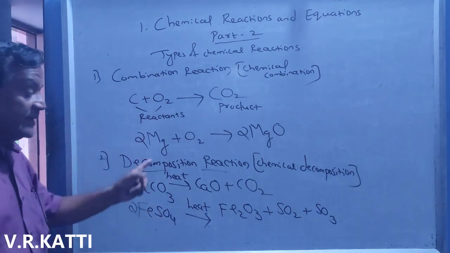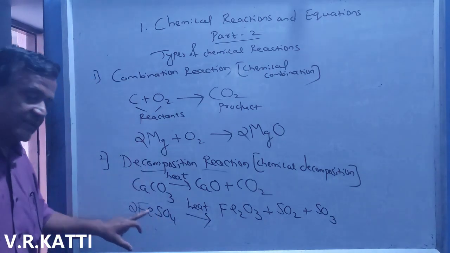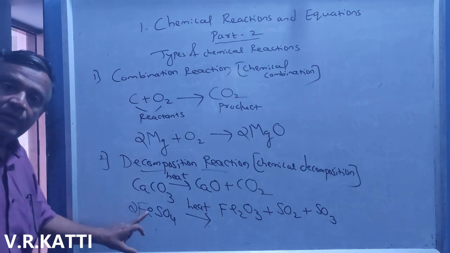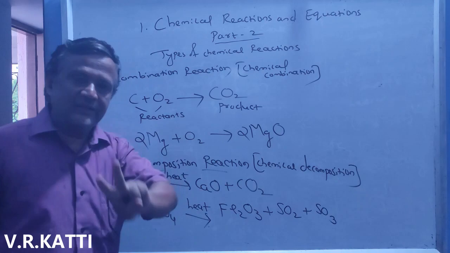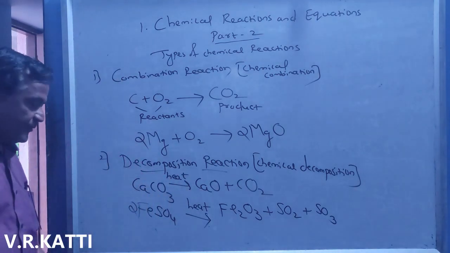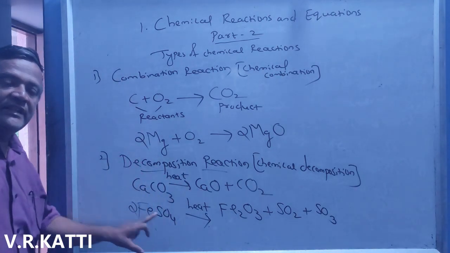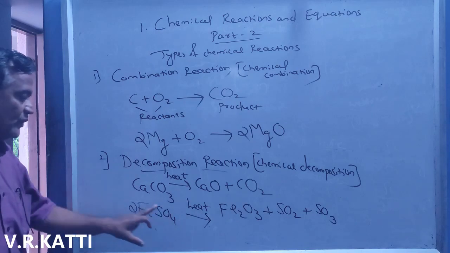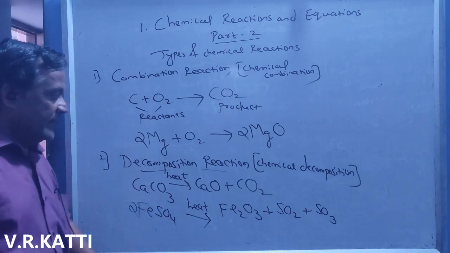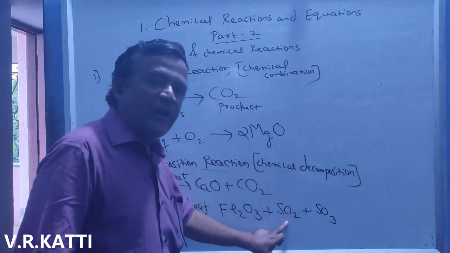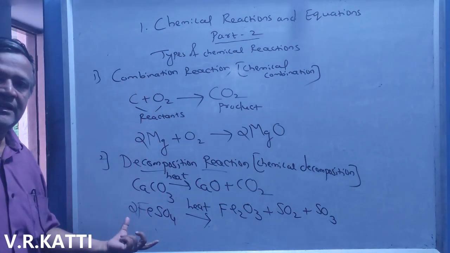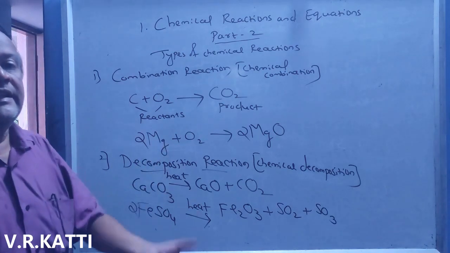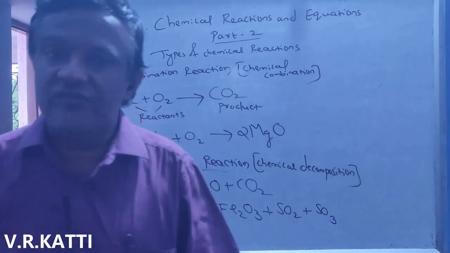Okay. Sulfur 2, here 2 S, balanced. 2 times 4 is 8 oxygen. Here 3 plus 2 is 5, plus 3 is 8 oxygen. So it is balanced, and it is called a decomposition reaction.